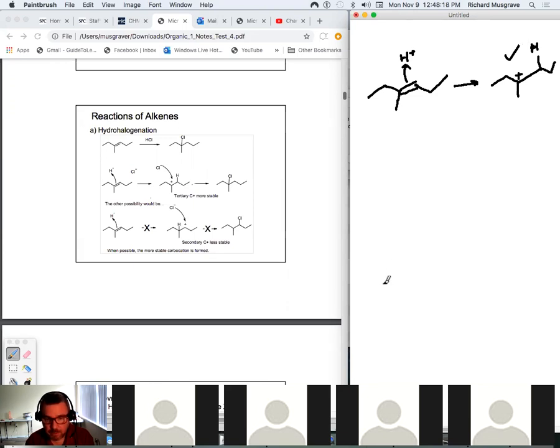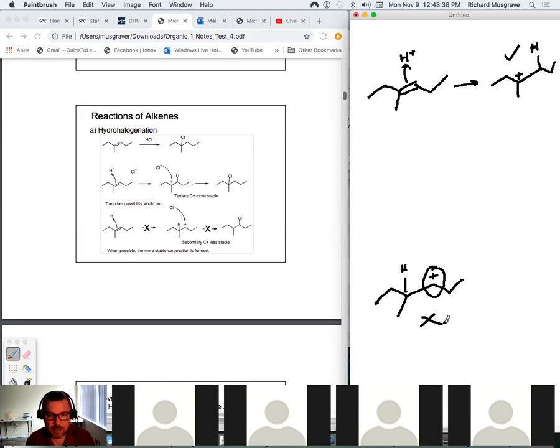But the other possibility is this one, and that would be putting the positive charge on this carbon here. That would be the incorrect method.